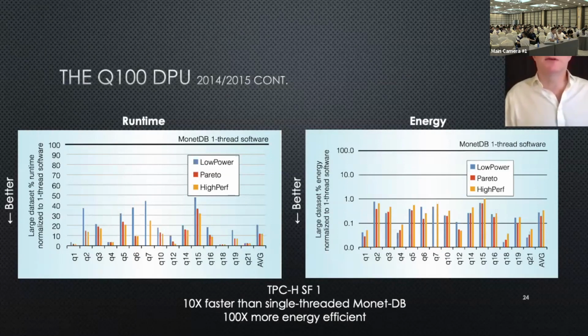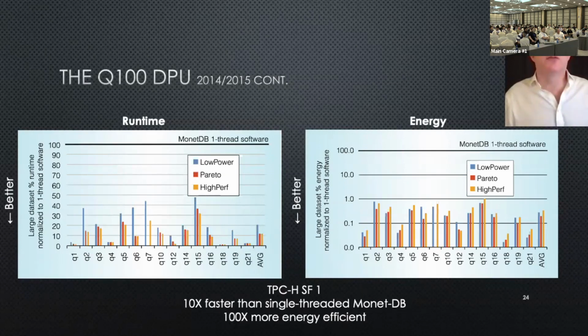So it's comparable performance, say, to a 10-threaded CPU running an idealized parallel software system. Note that there are 3 designs here for the Q100 system, one designed specifically for low power, one designed specifically for high performance, and one sort of in between that is sort of Pareto optimal in the intermediate range.